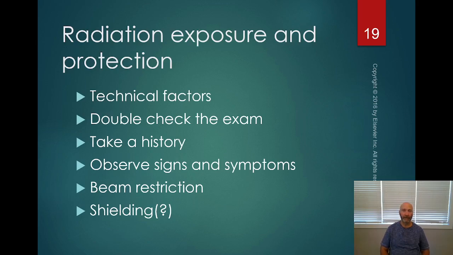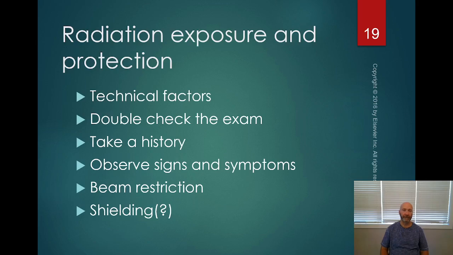And if that wasn't caught in taking a history on the patient, asking the patient where they hurt, then that patient could have received a left hip x-ray and gone completely without a diagnosis of a right hip fracture and been sent home in pain. So double check the exam.